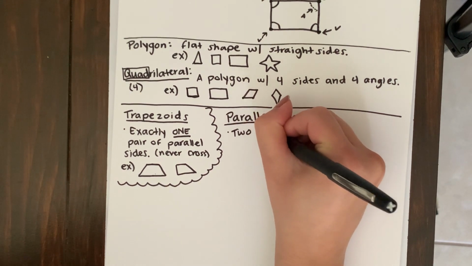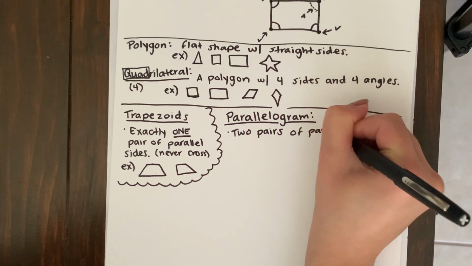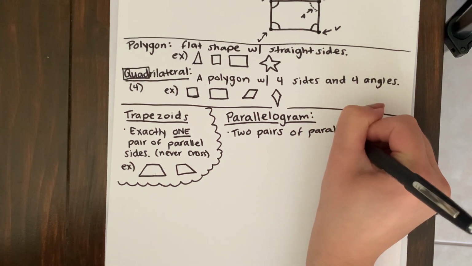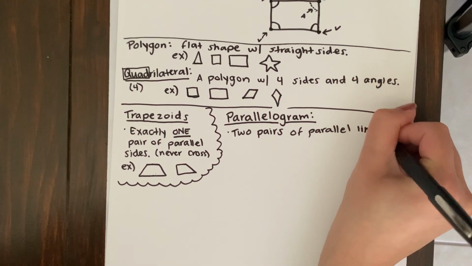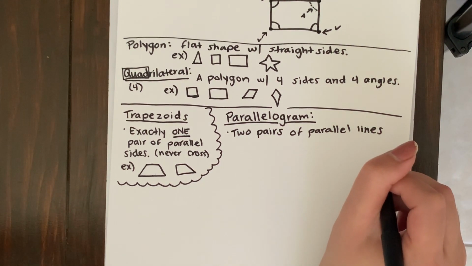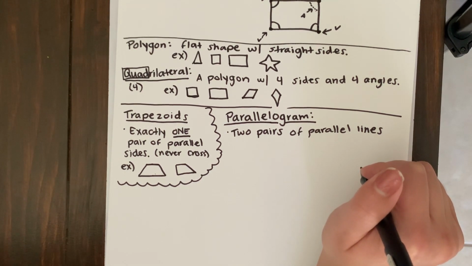Two pairs. Okay, so two pairs of parallel lines, which means that both of the opposite sides are parallel, okay?